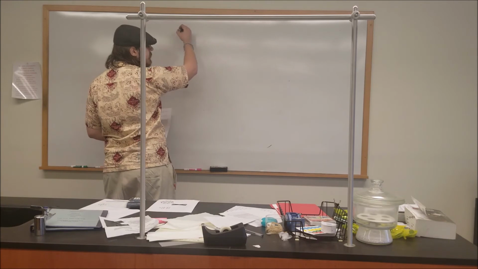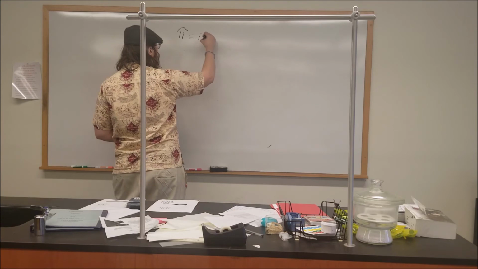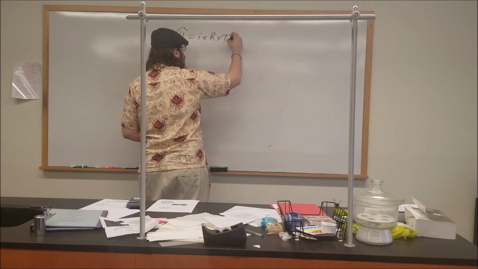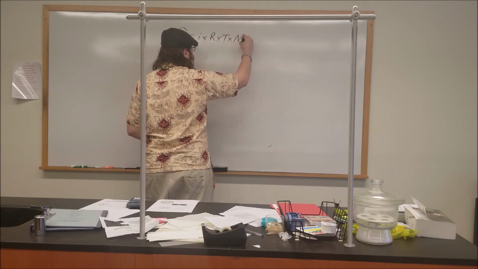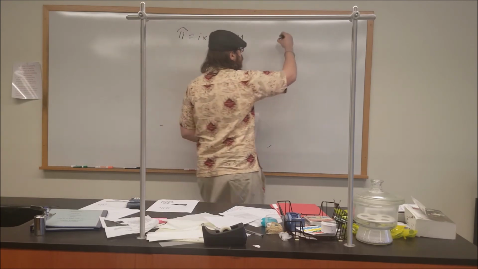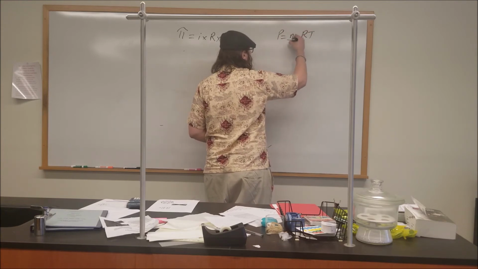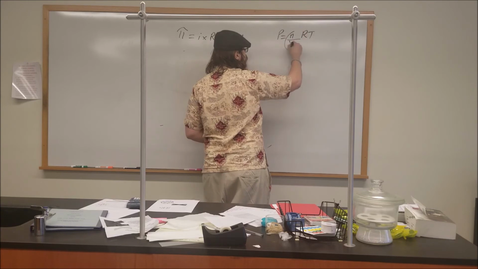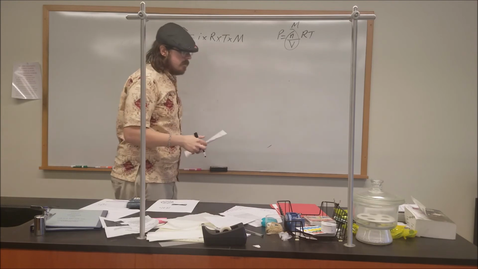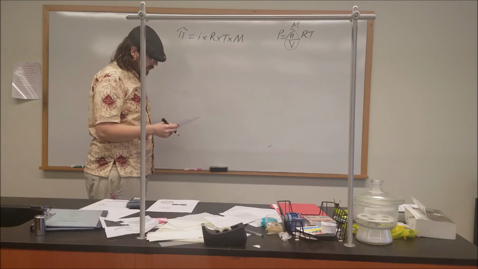The equation is osmotic pressure equals the van 't Hoff factor times R times T times M, our molarity. This is because we are essentially saying pressure equals nRT over V, and n over V is being turned into our molarity. So it's just a manipulation of the ideal gas equation.